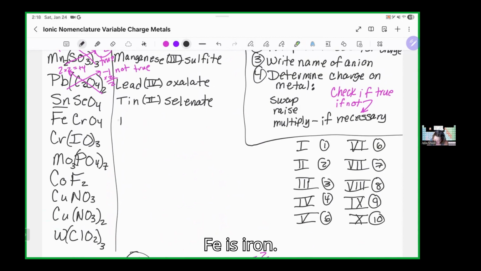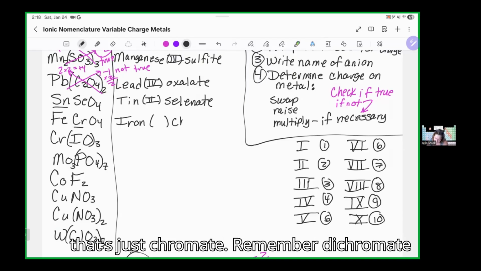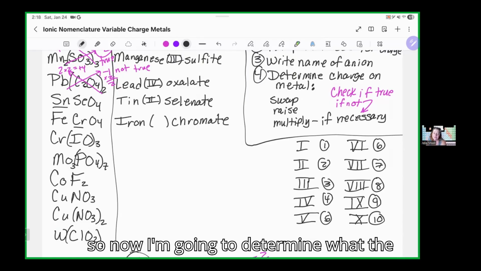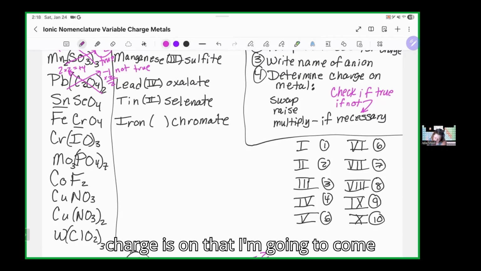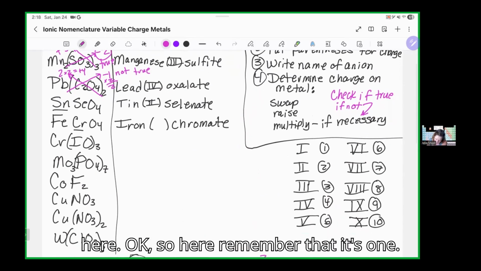Fe is iron, parentheses, CrO4. I have 1 chromium, so that's just chromate. Remember, dichromate has 2 chromiums and more oxygens. Now I'm going to determine what the charge is on that. Remember, that is 1 chromate.